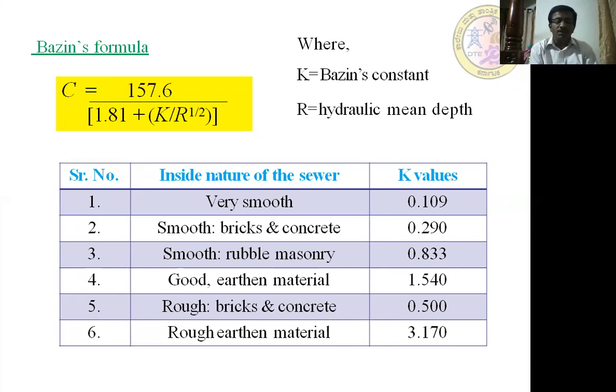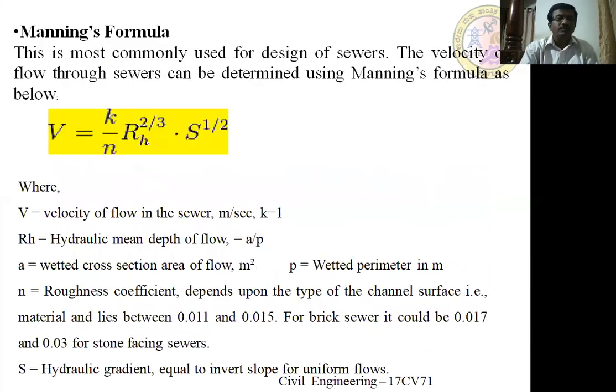For other materials used, clay and so on, if it is good, then it is 1.540. For bricks and concrete with rough surface, it is 0.500. And if other material is used with a rough surface, then it is 3.170. So it mainly depends upon whether it is a rough surface or hard surface, the type of material used, and so on.